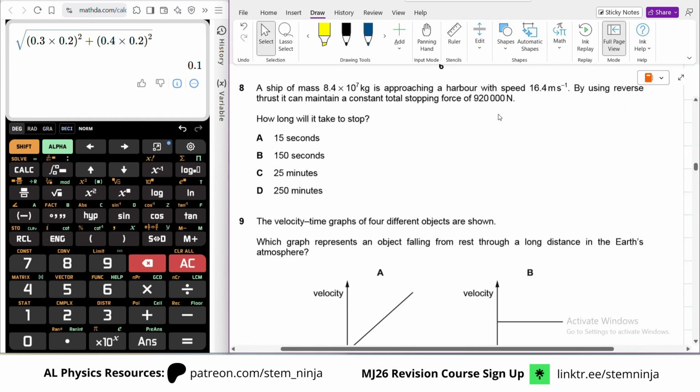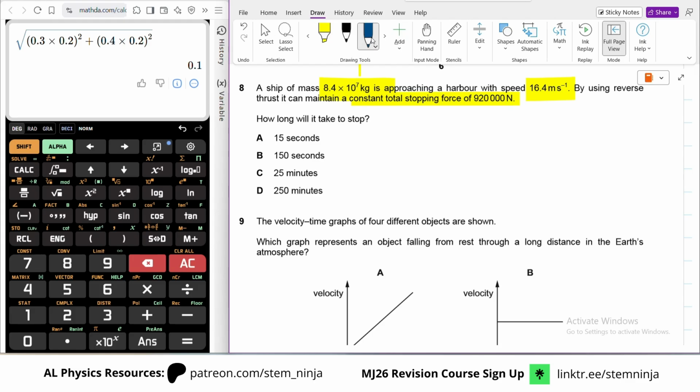A ship of mass 8.4 times 10 to the power 7 kg is approaching a harbor with speed 16.4 meters per second. By using reverse thrust, it can maintain a constant total stopping force of 920,000 newtons. How long will it take to stop?